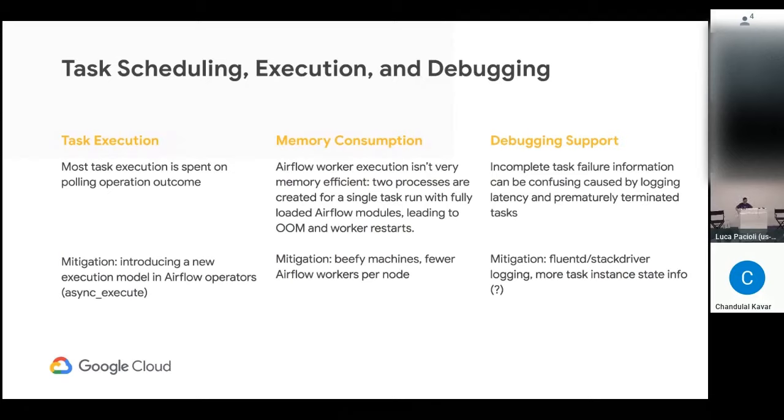The last thing is really about debugging support. As I mentioned, sometimes you have incomplete task failure information, which can be very confusing for the users. One thing we notice in general for Airflow is that there might be some logging latency. You started your library, you maybe call into another library which spews out a lot of logs.